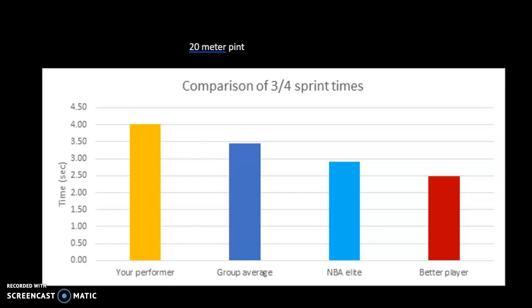The group average was a bit lower than the performer, doing it in a shorter time, around 3.45 seconds, and the elite athlete did it around 2.80, and then the better player had a really good score of 2.50, which showed that they did it in the quickest amount of time and therefore possibly has the most efficient sprinting technique.